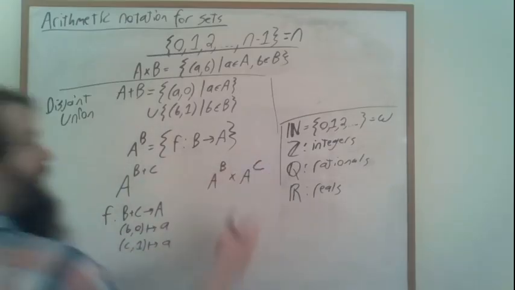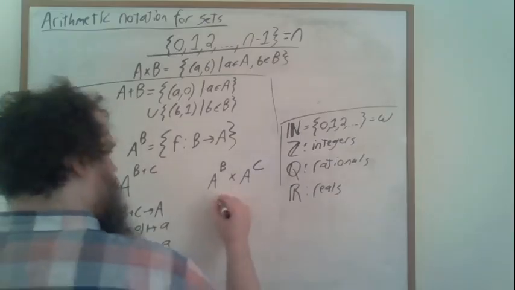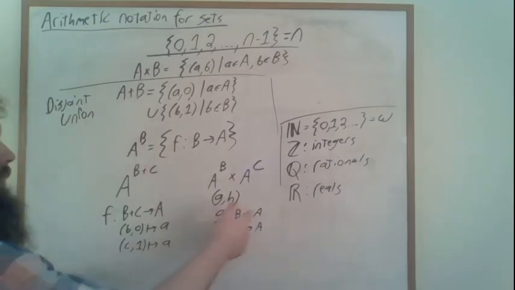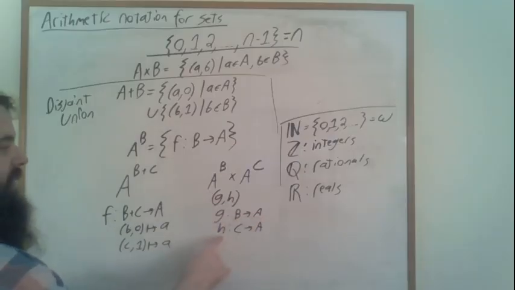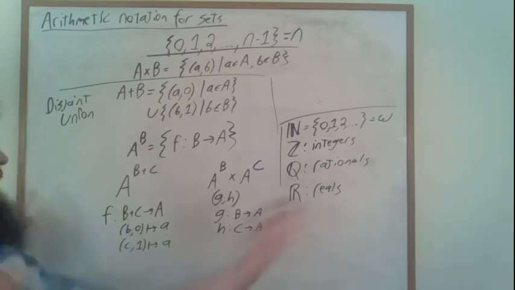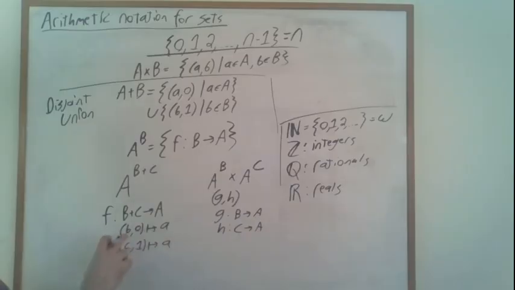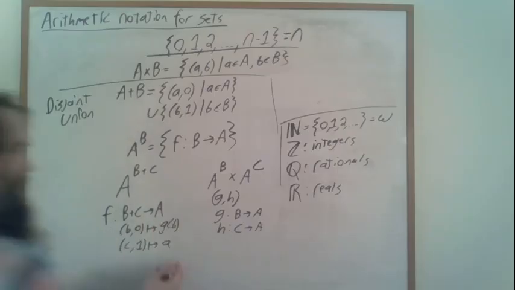What we have over here are pairs of functions, g comma h, where g takes elements of b and outputs elements of a, and h takes elements of c and outputs elements of a. And there's a natural correspondence between these. If we have some pair g comma h like this, we can turn it into some f over here. We say that if we see an element of the form b comma 0 as input, we should output g of b.